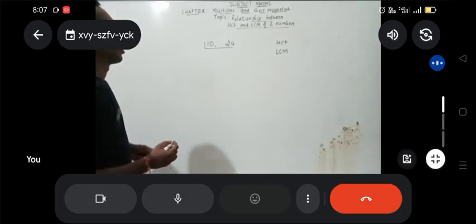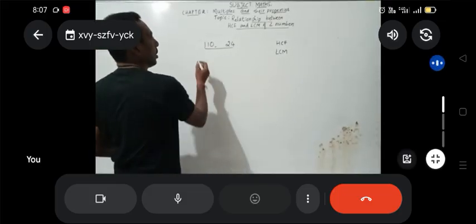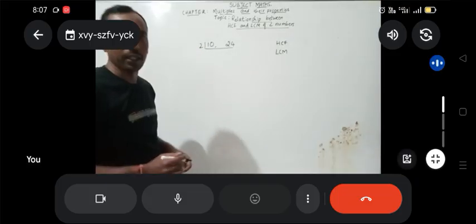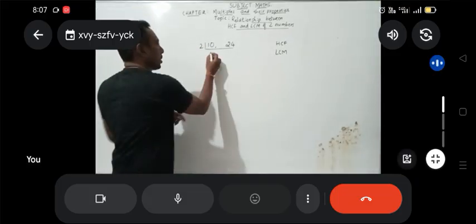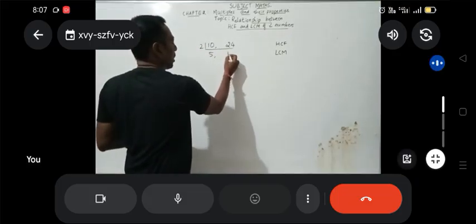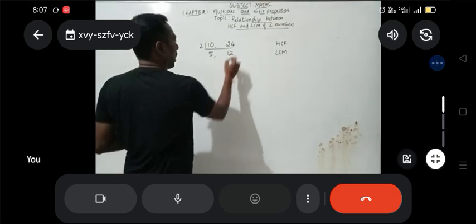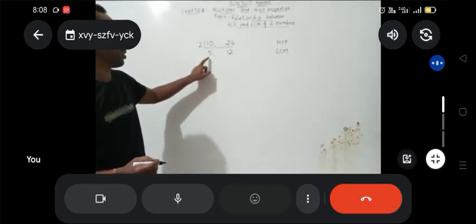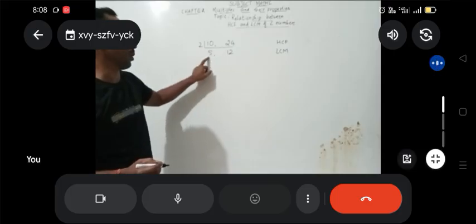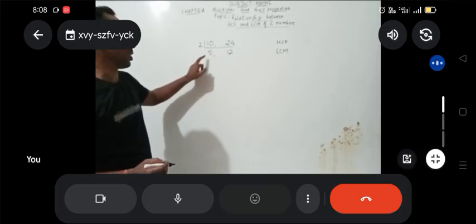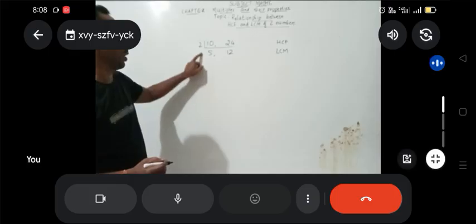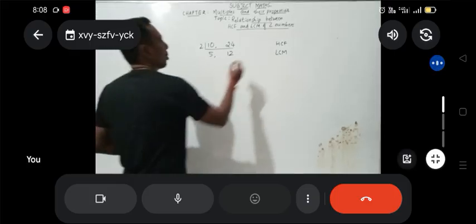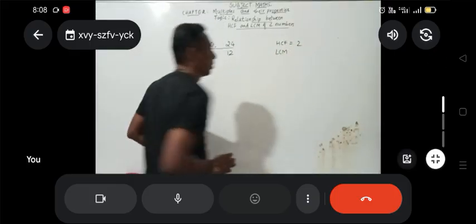Since both are even numbers, you can divide by 2. 2 fives are 10, 2 twelves are 24. Now 5 is a prime number, 12 is composite, but there are no other common factors. So HCF is equal to 2.